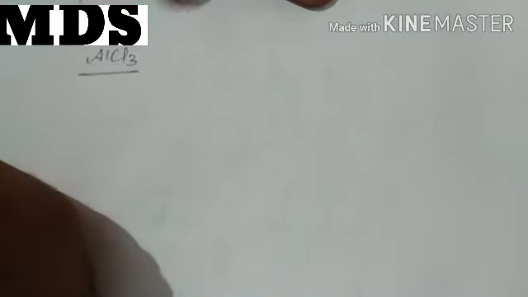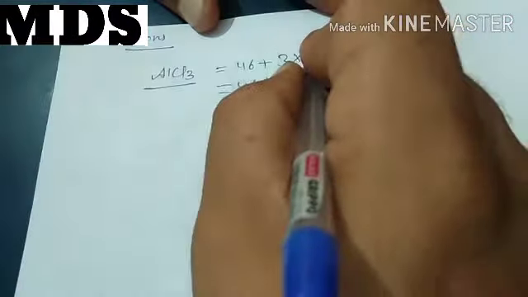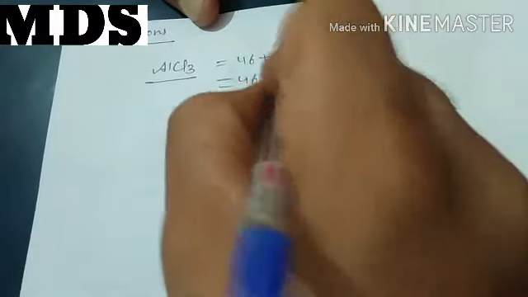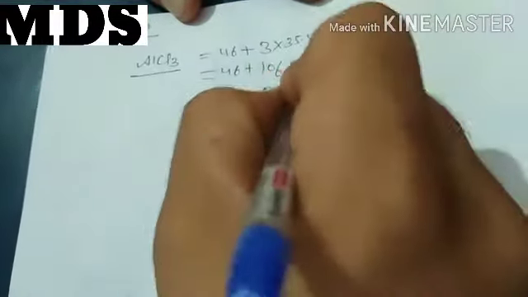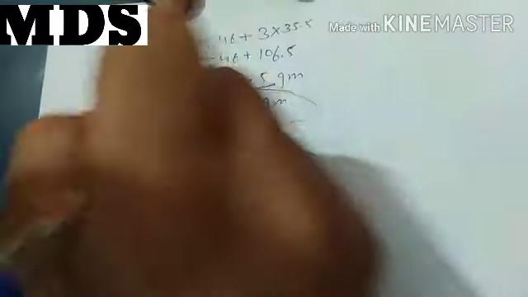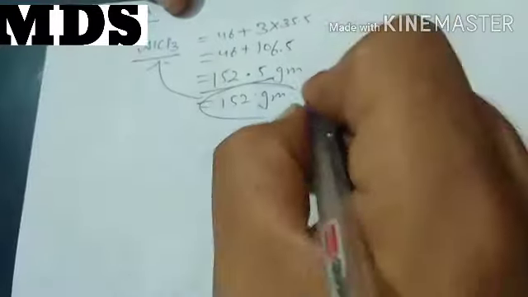For the molecular mass, aluminium mass is 27, chlorine 3 into 35.5. If we add up, the mass will become 150.5. So for numericals, I am taking 152 gram as the molecular mass of AlCl3.